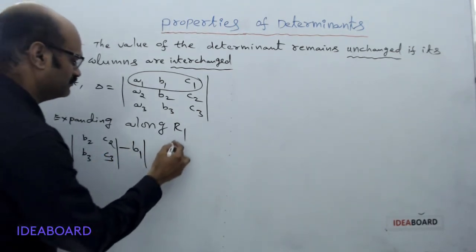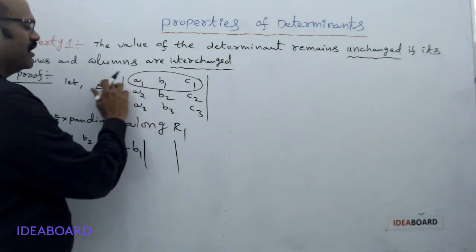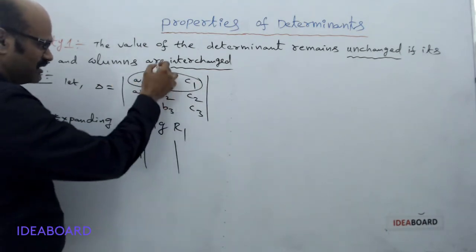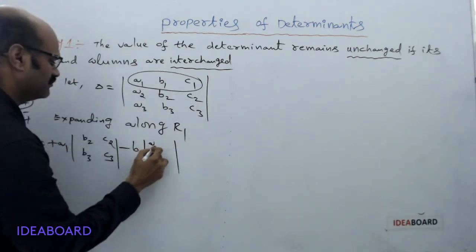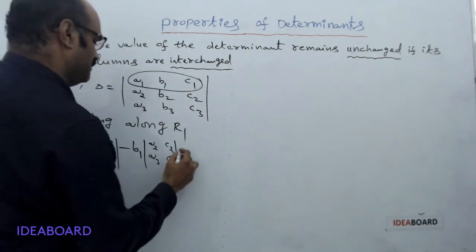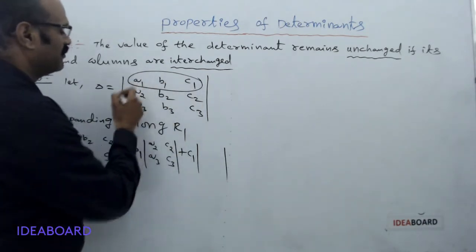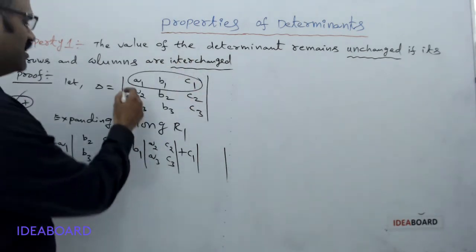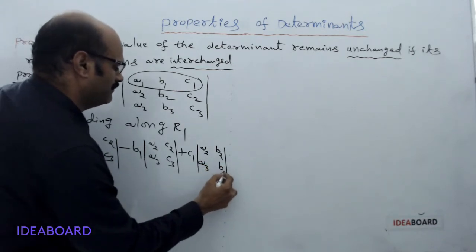Minus B1 into the minor of B1. We remove the first row and second column, since the element B1 lies in the first row and second column, so we have the remaining 4 elements A2, C2, A3, C3. Plus C1 into, we have the sign plus here, remove the first row and third column, then we have A2, B2, A3, B3.